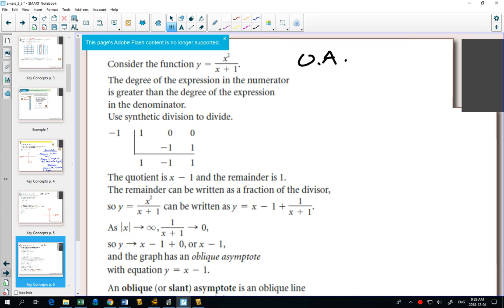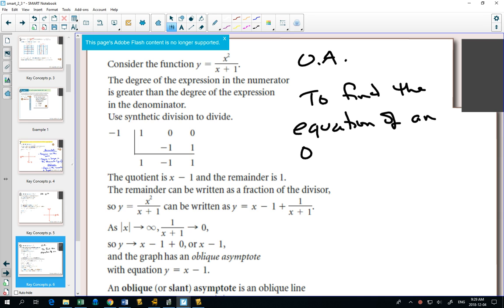How do we find the equation of our oblique asymptote? To find the equation of an oblique asymptote, we have to use synthetic division. You could use long division as well.